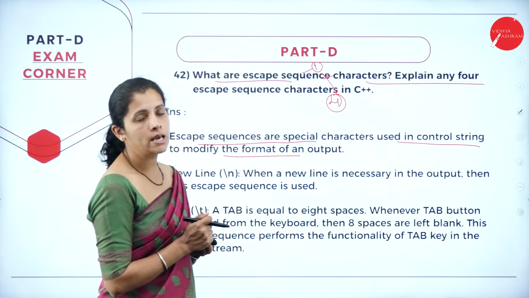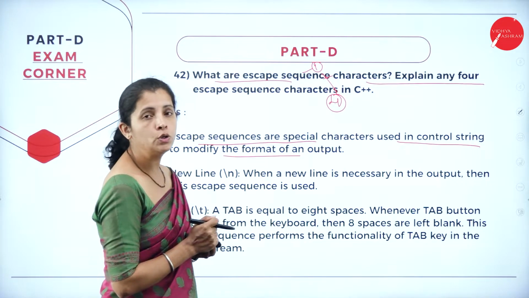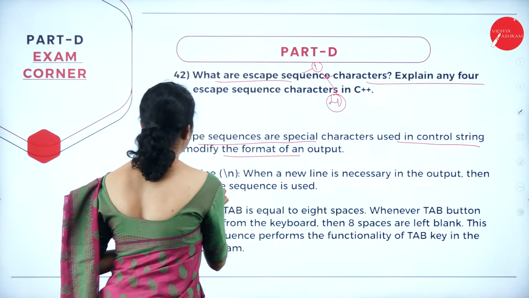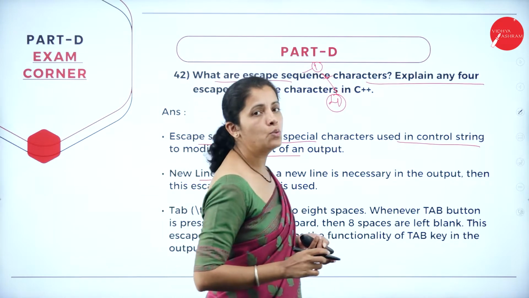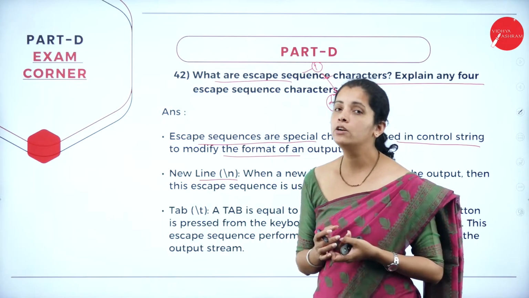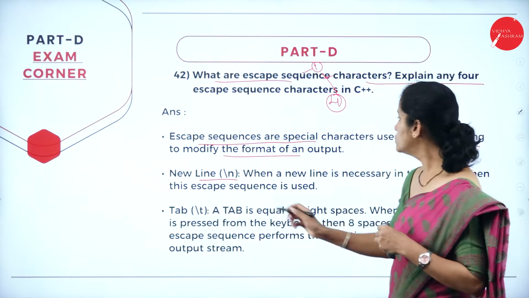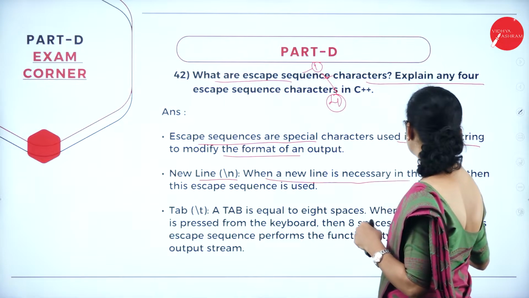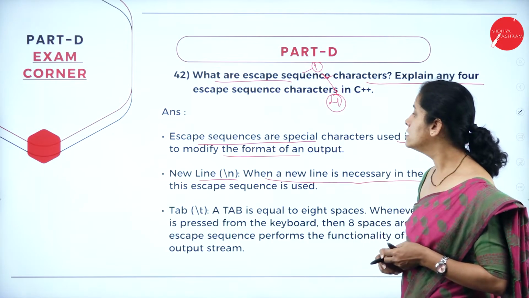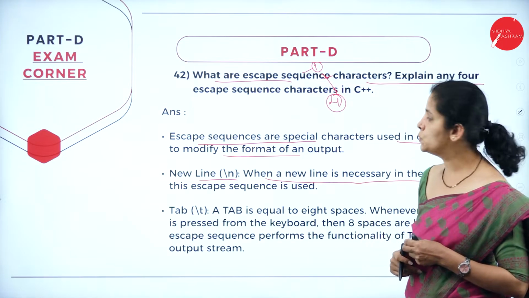Now what escape sequence characters can I use in my program? That is new line. What is the need of new line? It gets the output to the next line. So when a new line is necessary in the output, then this escape sequence is used.